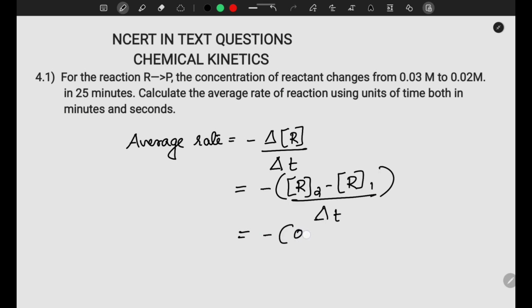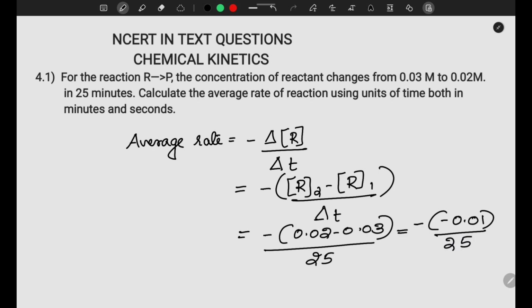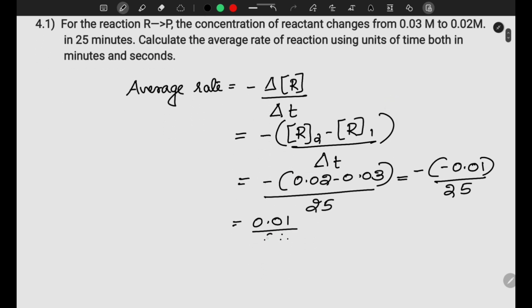Minus (0.02 minus 0.03) by 25 minutes, that is minus (minus 0.01) by 25. So when we simplify, we will get 4 into 10 raised to minus 4 molar minute raised to minus 1.